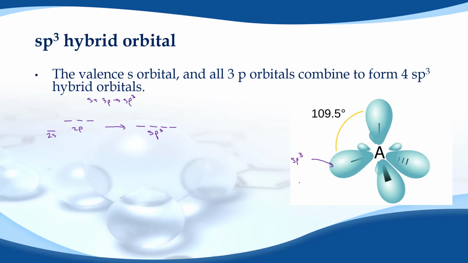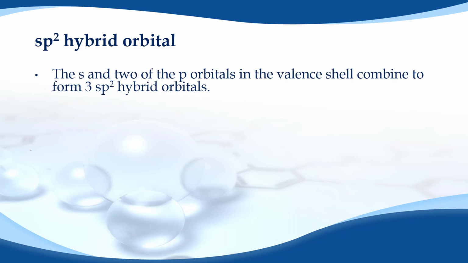Our second type of hybrid orbital is where we're only going to take two p orbitals and combine them with the s to make a hybrid. So because we add together the s and two of the p orbitals, we get three hybrids here. These hybrids are what we call sp2. And then we have one p orbital that's still not hybridized.